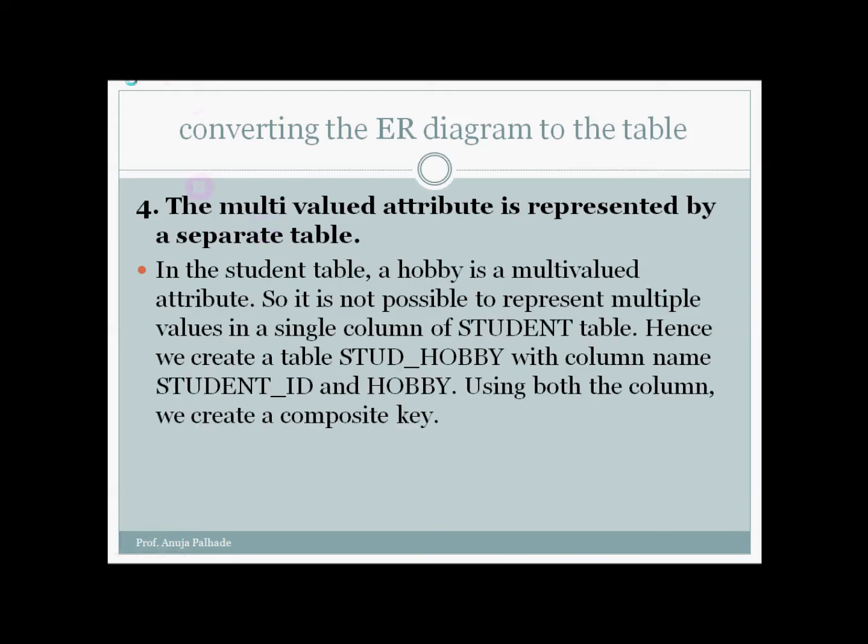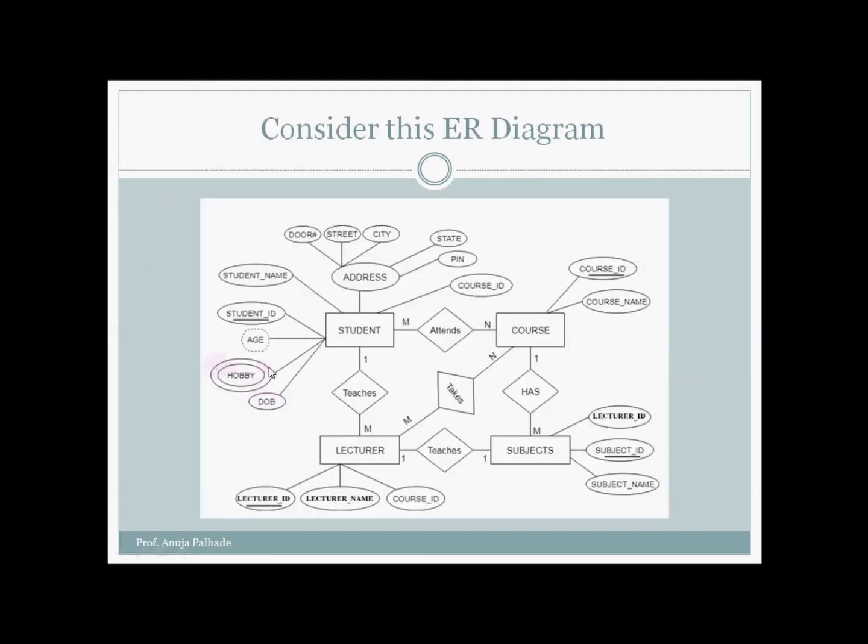The fourth step to convert the ER diagram into tables is that a multi-valued attribute is represented by a separate table. In the above ER diagram, hobby is the multi-valued attribute. You can see here in the double line oval, hobby is the multi-valued attribute.